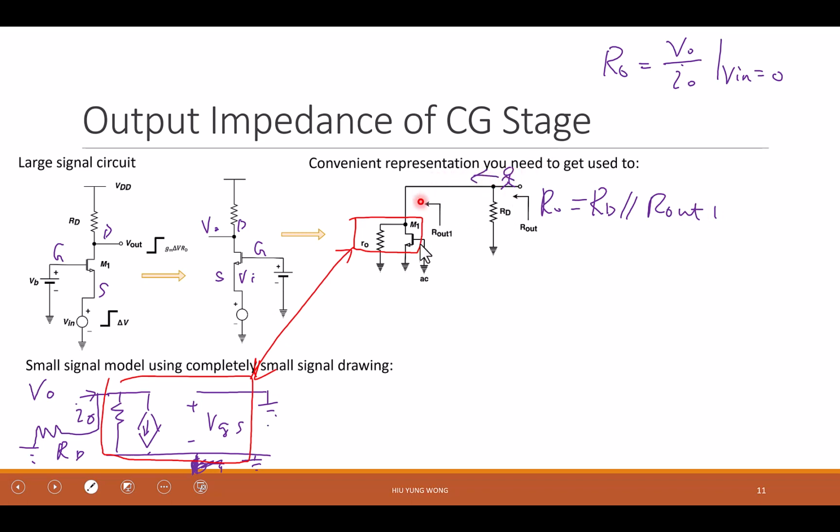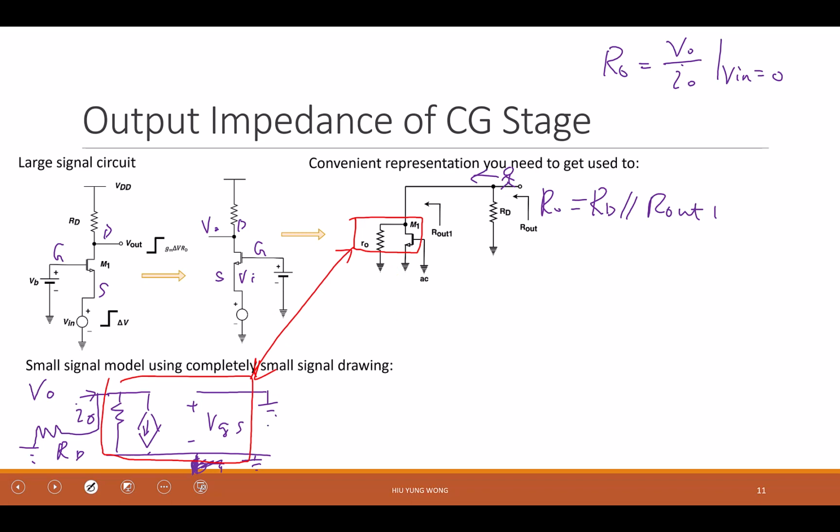So I keep walking. What is the resistance I see when looking into R out 1? Then you see this whole thing, which is just a transistor. Although we draw the R out here, this whole thing is just a transistor. The gate is grounded, the source is grounded. So what is the impedance when you look into the drain?